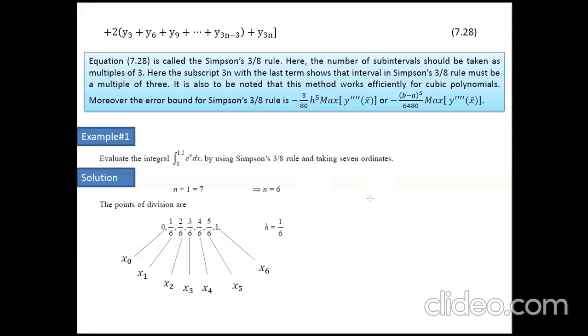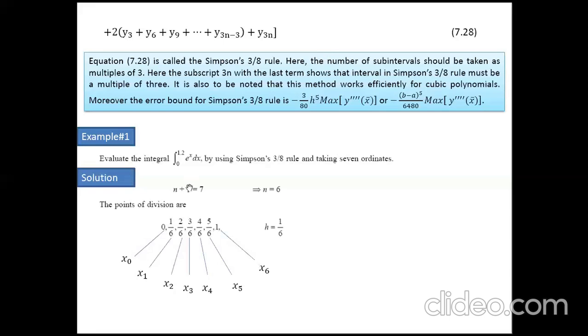So how many intervals will there be? 6. Fine, because you know that the number of intervals is one less than the number of points. So if the points are 7, the number of intervals will be 6. Ordinates mean values of the function, that is y0, y1, y2, y3, y4, y5, y6.